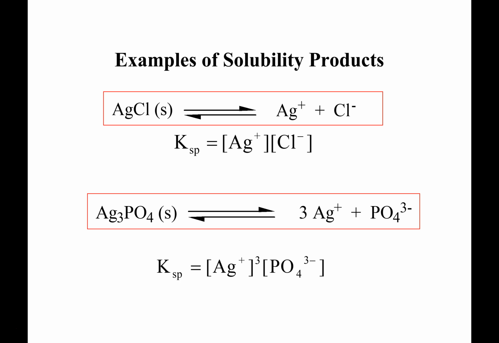Now when we write the Ksp expression, the equilibrium constant expression, our Ksp will be equal to the molar concentration of Ag raised to the 3rd power times the molar concentration of phosphate raised to the 1st power. I'm a firm believer, and sometimes on your tests I will make you write this. When dealing with precipitation equilibrium, write the balanced equilibrium first, and then write the Ksp expression after that.